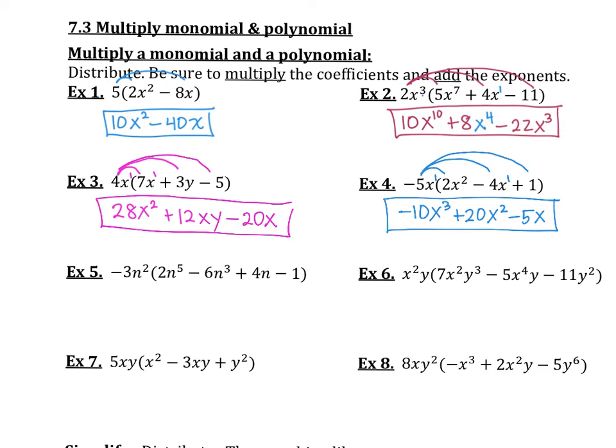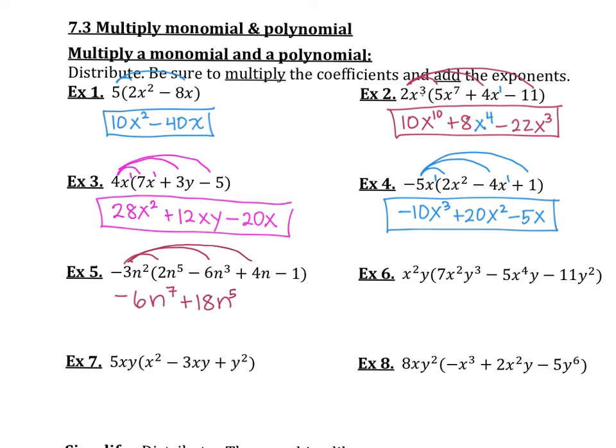Okay. For example 5, negative 3 times 2 is negative 6. N to the 2 plus 5 is 7. Negative 3 times minus 6, negative times a minus changes to a positive. 3 times 6 is 18. N to the 2 plus 3, 5.